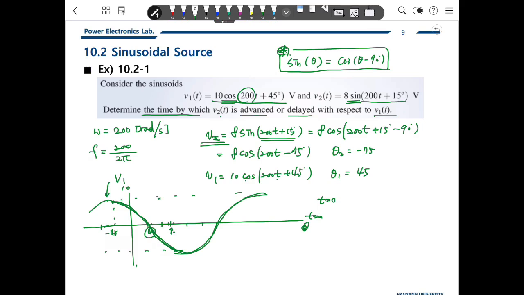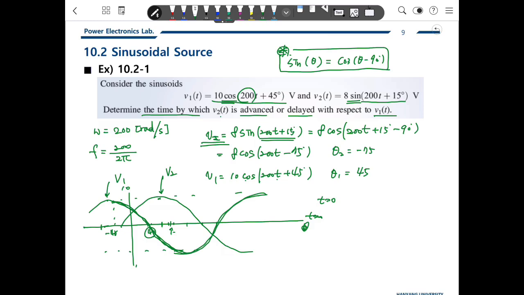So there will be peak values here. So there will be something like that. This is V2.